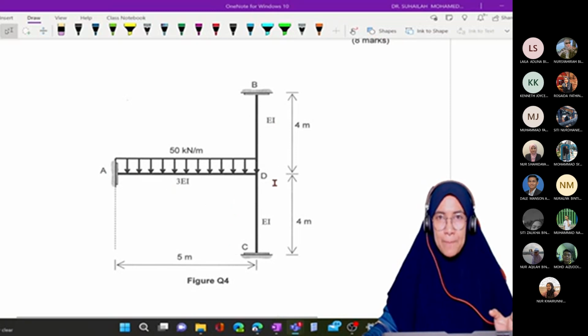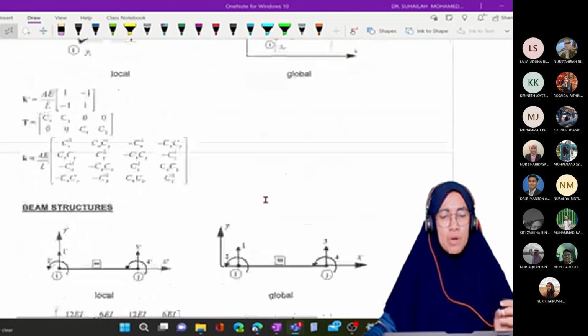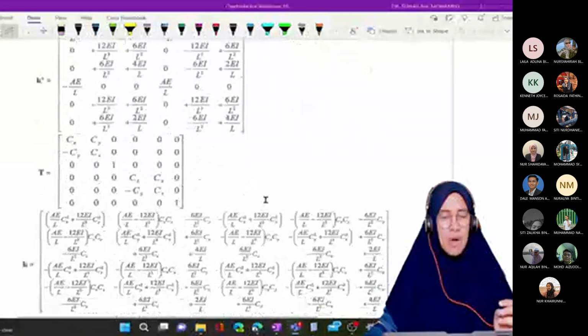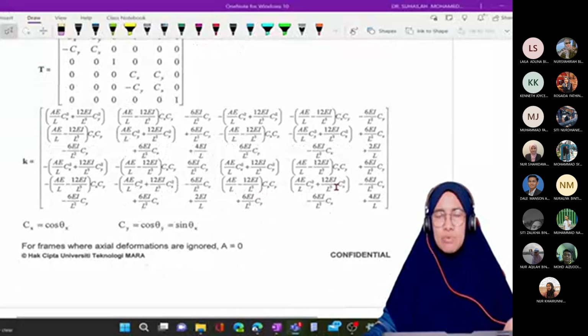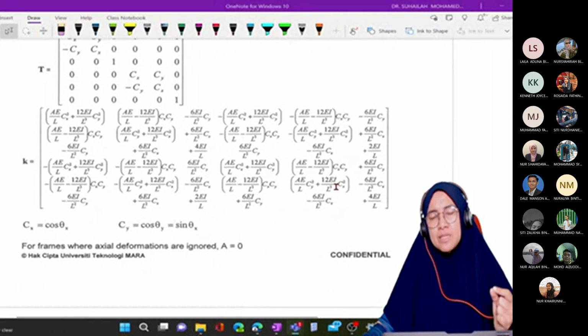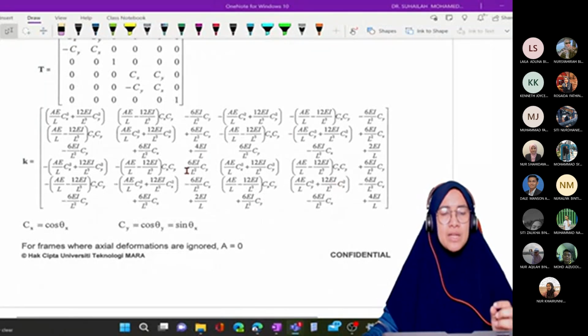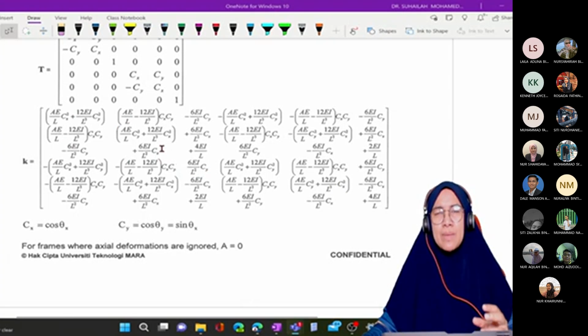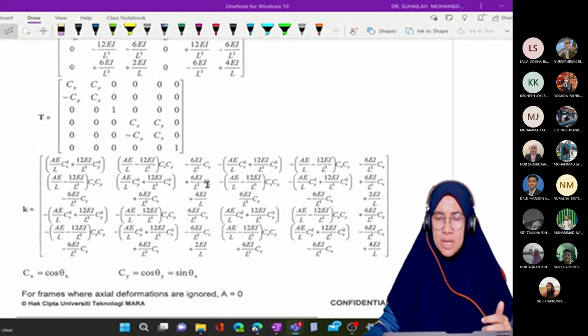In the formula to calculate element stiffness matrix in frame, we can find Cx and Cy, or lambda x and lambda y. To calculate Cx and Cy means we have to have coordinates.